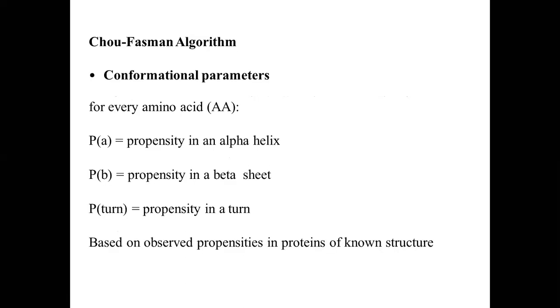Then we have the Chou Fasman method, and we were here. The Chou Fasman algorithm uses the propensity of alpha helical structures, propensity of beta sheets, and propensity of turns, based on observed propensities in proteins of known structure.